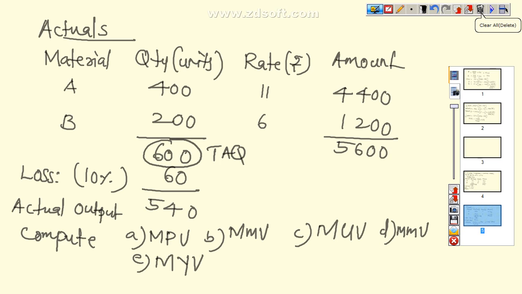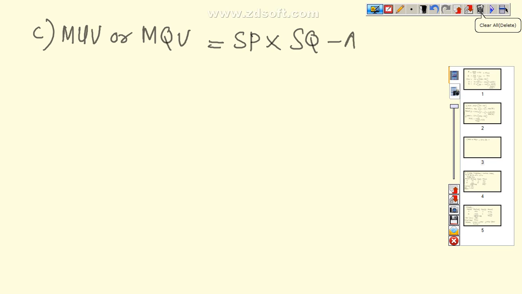Next we have to calculate material usage variance. Material usage variance is also known as material quantity variance, that is equal to standard price multiplied by standard quantity minus actual quantity.